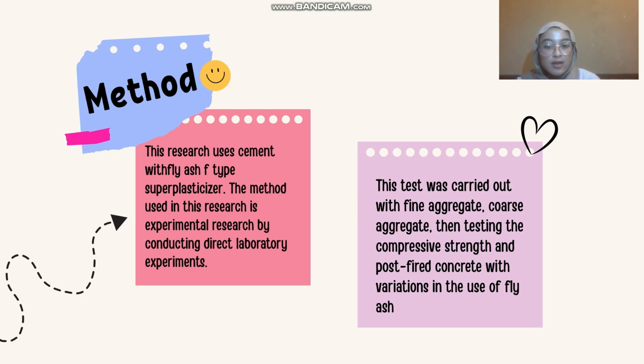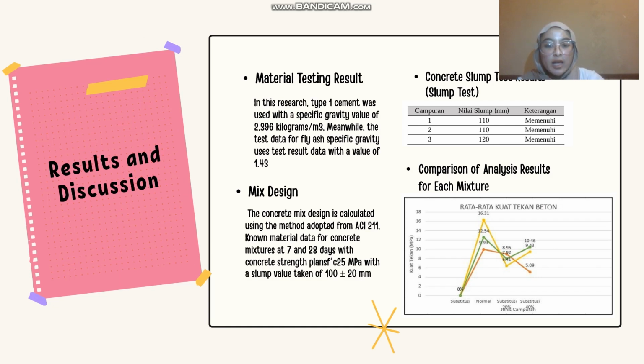And next, I will explain the results and discussion. For material testing results, in this research, type 1 cement was used with a specific gravity value of 2.39 kg per cubic meter.